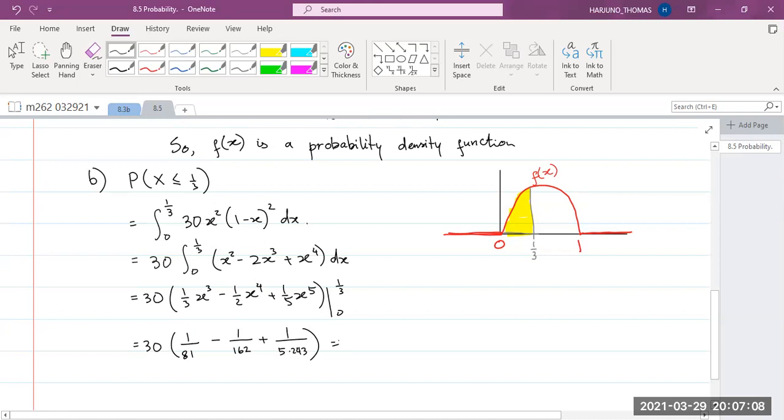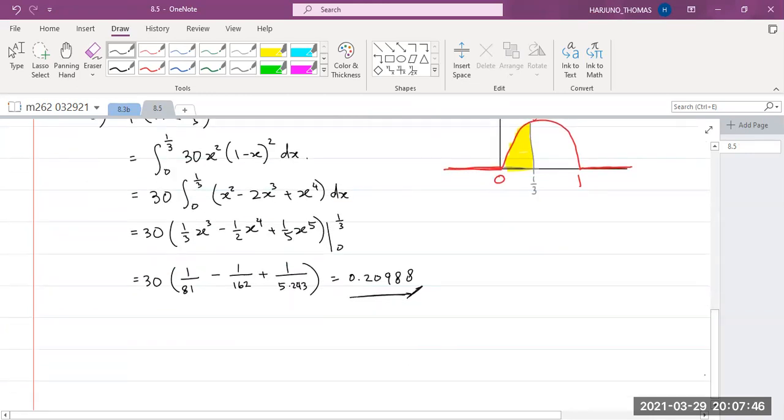Let me use my calculator to compute that. That is 0.20988, if you round it to 5 decimal places.